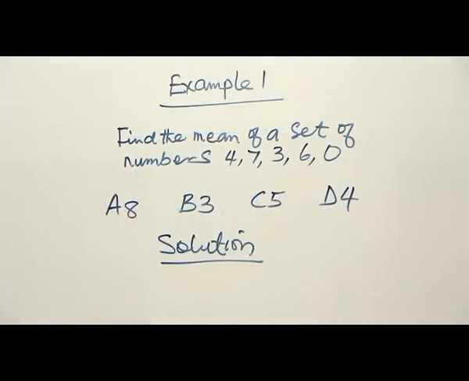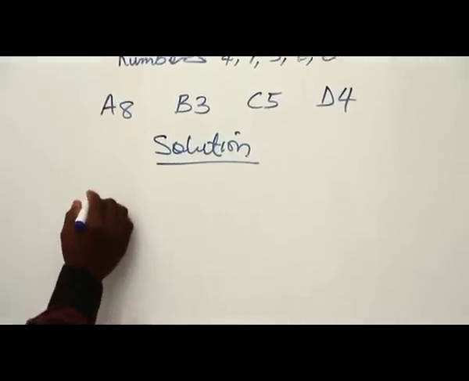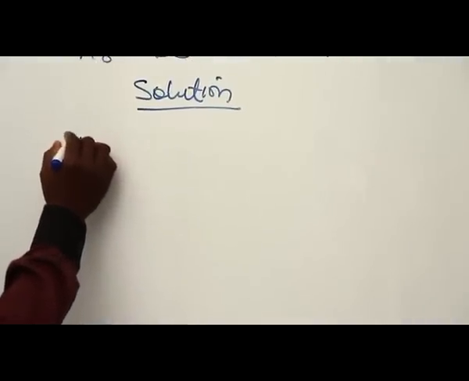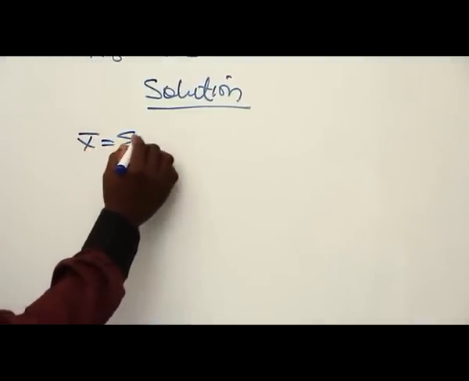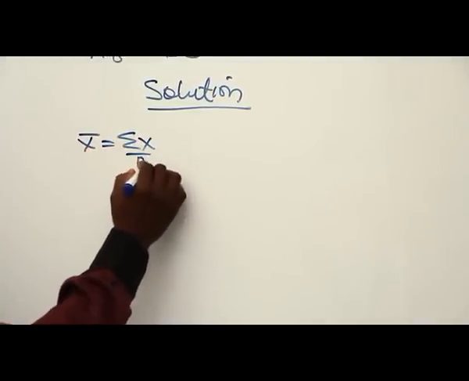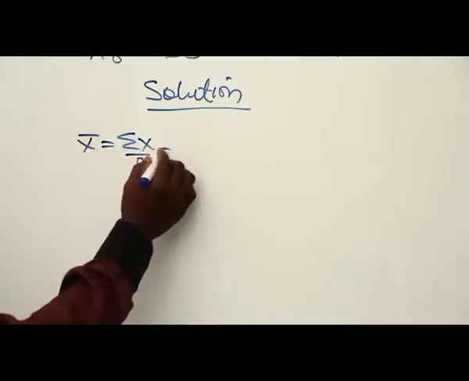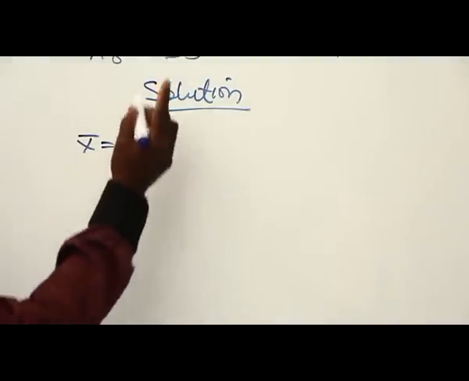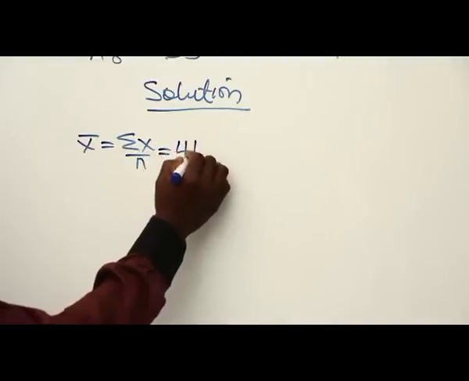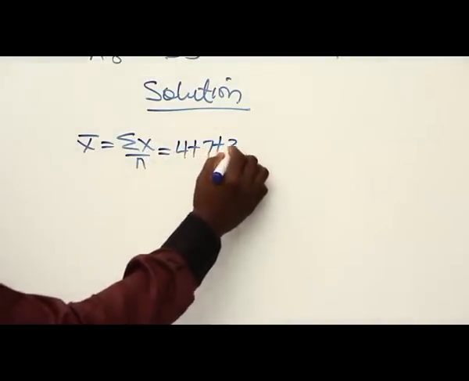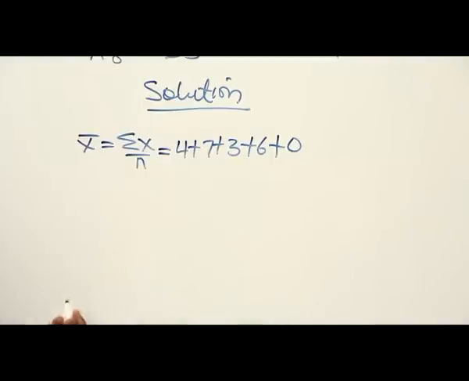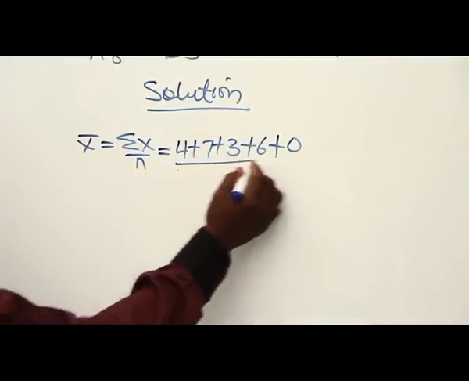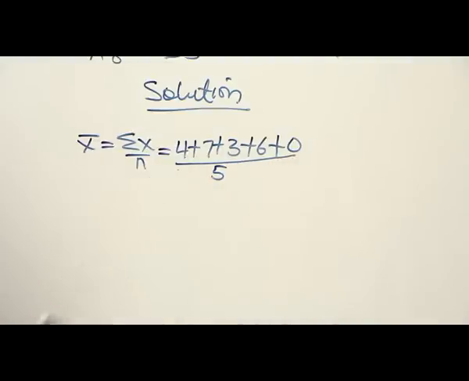Example 1. Find the mean of a set of numbers 4, 7, 3, 6 and 0. Options: A 8, B 3, C 5, D 4. Solution. Mean, or x bar, equals sigma x over n. That will be 4 plus 7 plus 3 plus 6 plus 0. 0 is also a figure, all over 5.